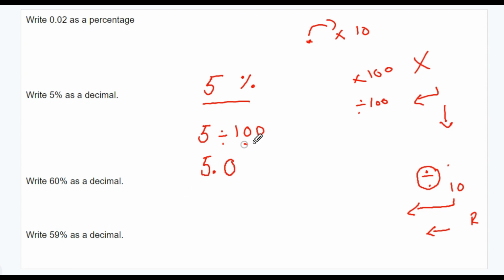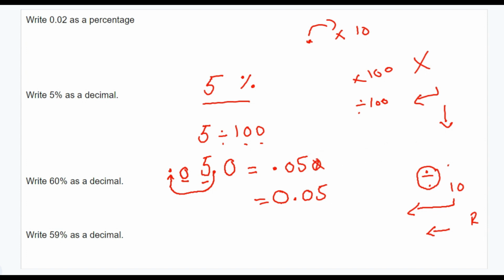I need to move my decimal 2 times, 1 and 2. The place is empty, so I write a 0 here and the decimal moves here. It has become 0.050, which I can write as 0.05. That last 0 we don't need to write.